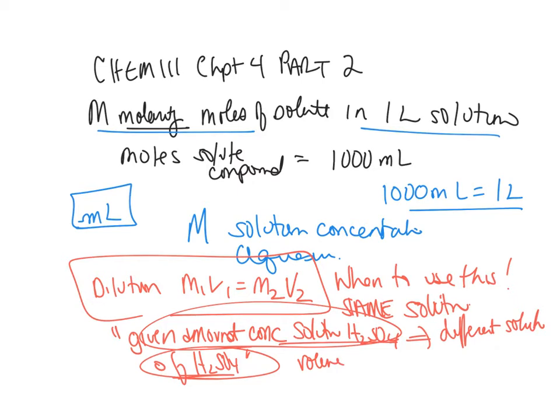But you see you're only given the one solution. That always triggers this formula that I have memorized, M1V1 equals M2V2, where 1 is the initial, so that's the beginning of where you start, and 2 is your final concentrations.